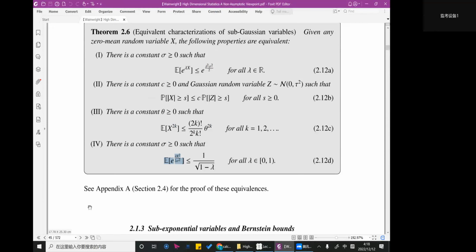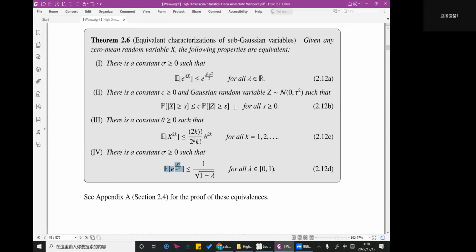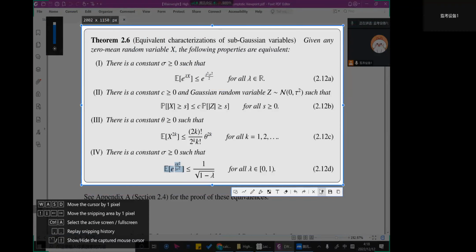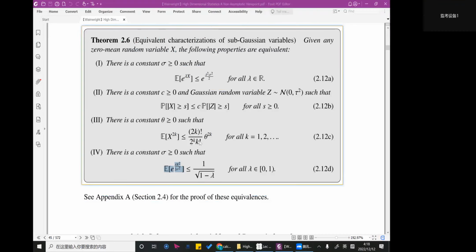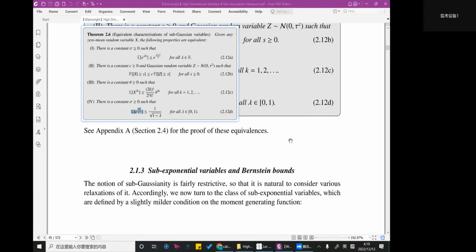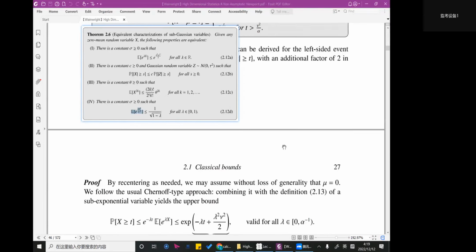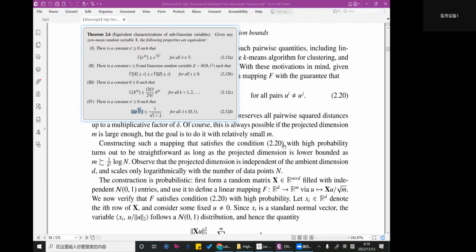And we can briefly talk about the proof of these 4 equivalent forms. The proof is somewhat technical, but if you follow the proof of this theorem, it will be helpful. So let's talk about this together.